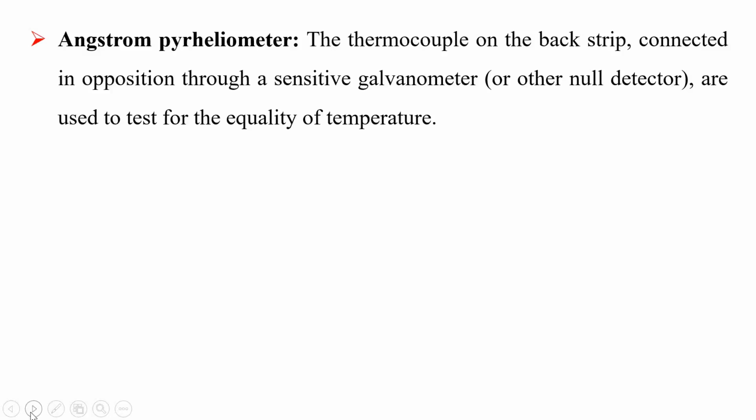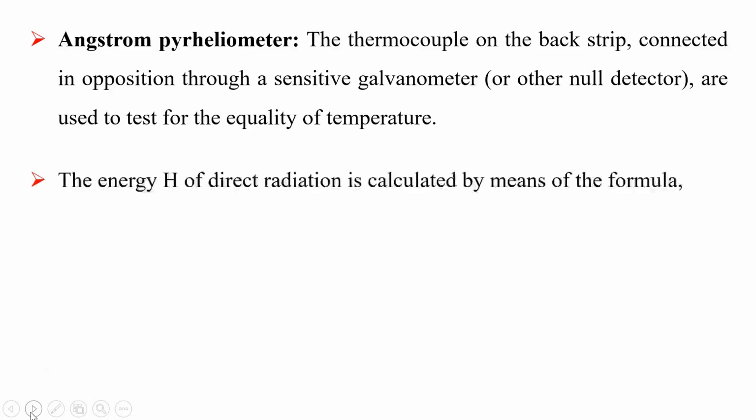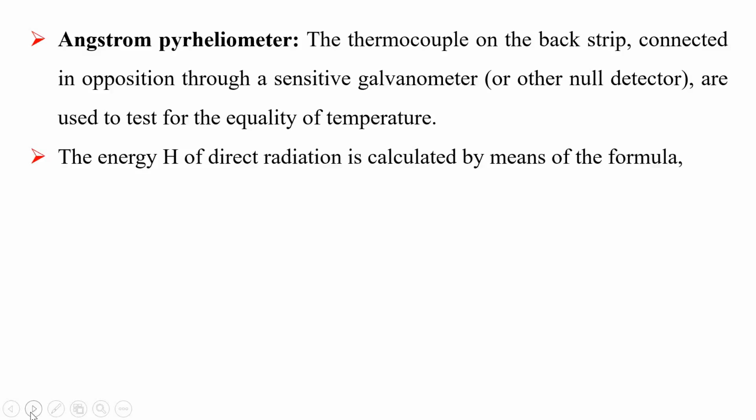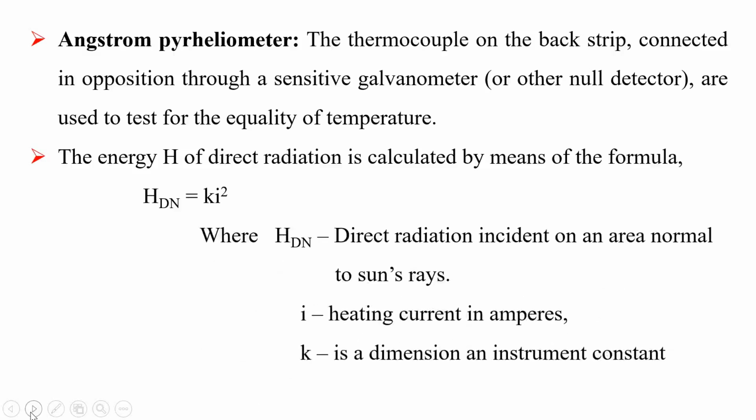The energy gauge of direct radiation is calculated by means of the formula H_Dn equals K i squared, where H_Dn is the direct radiation incident on an area normal to the sun's rays, i is the heating current in amperes, and K is an instrument constant.